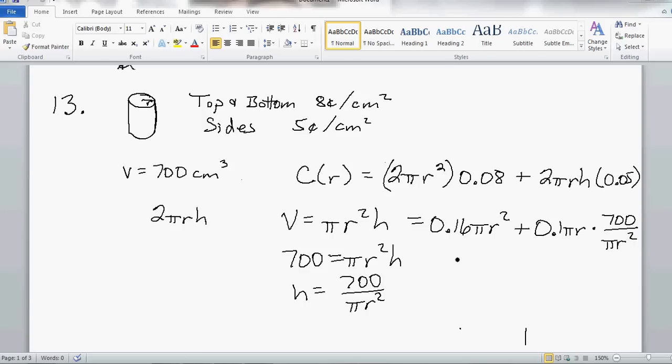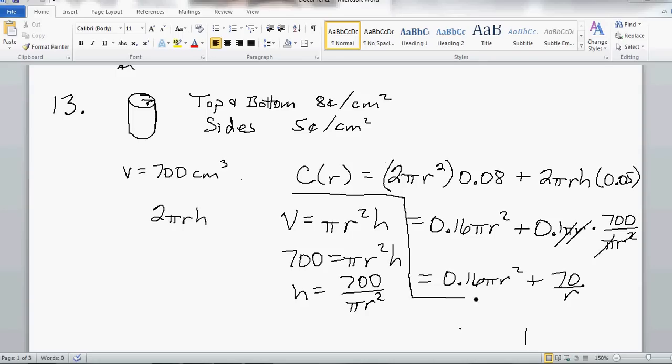So the pi will cancel with that pi, this r will cancel with one of those r's, and 700 times 0.1 is 70 over r. And so the final function, C of r, is 0.16 pi r squared plus 70 over r.